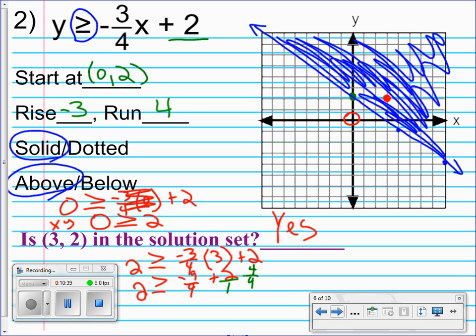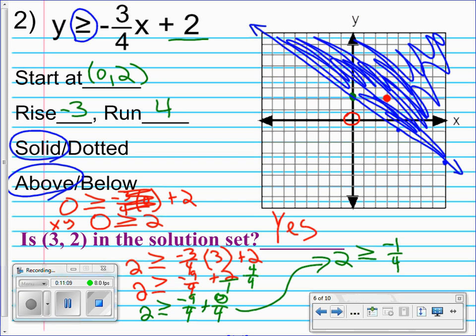So I have the inequality 2 must be greater than or equal to negative 9/4 plus 8/4. So that I get 2 must be greater than or equal to negative 1/4.